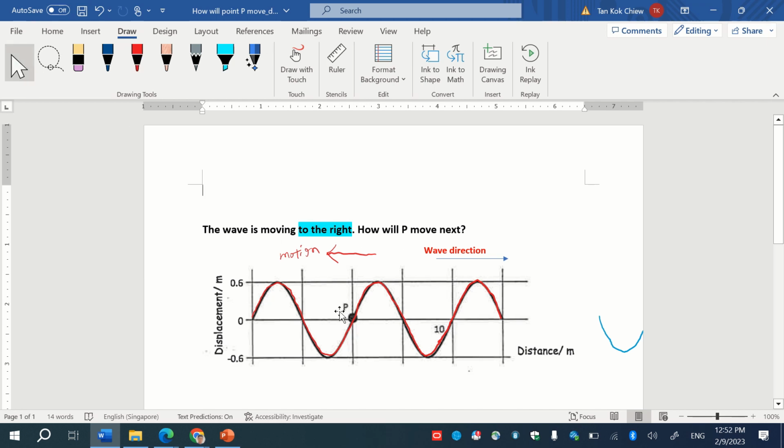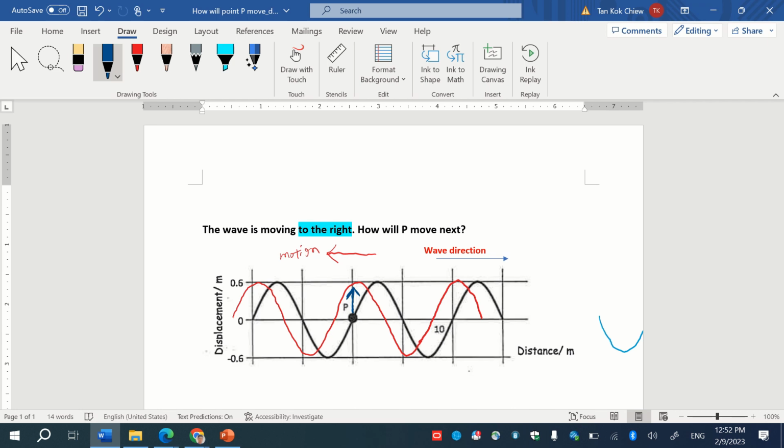Then in the next second the wave will move slightly to the left. Now for the particle P to move to the new red color position, he has to move upward. The answer changes. So that is the trick.